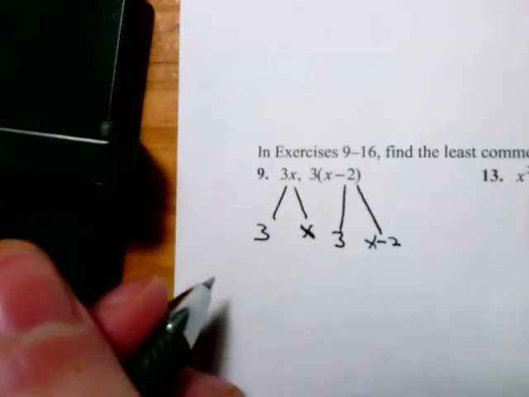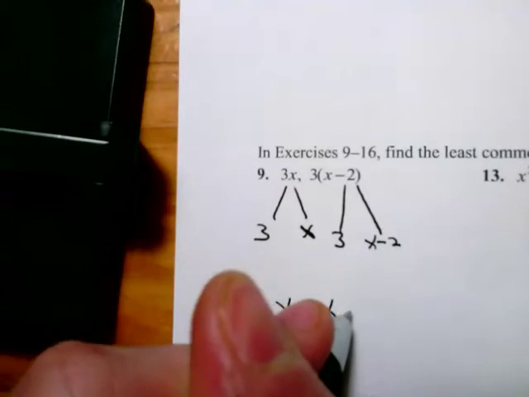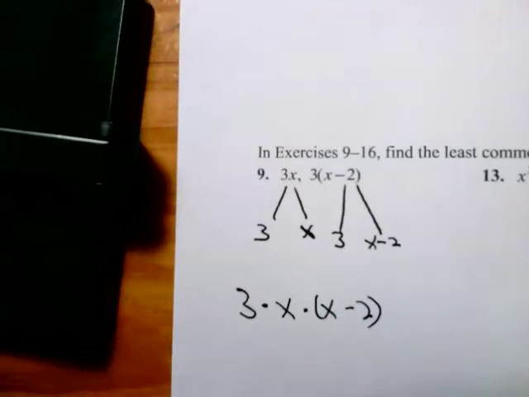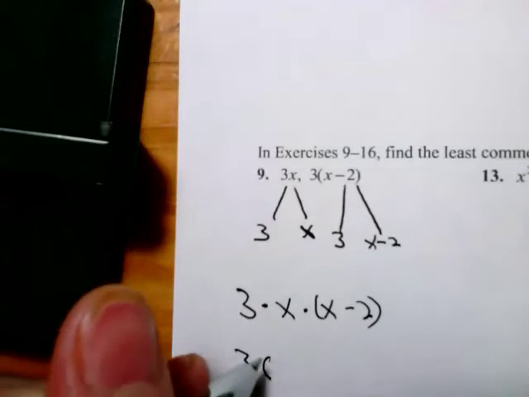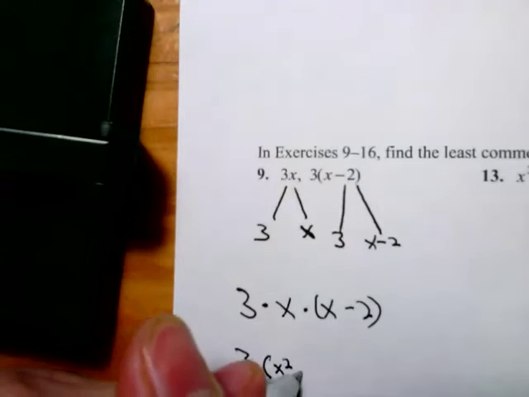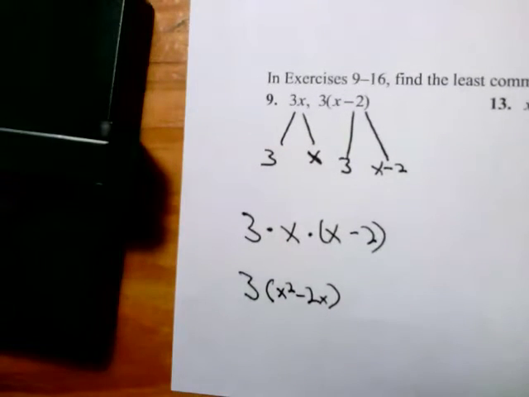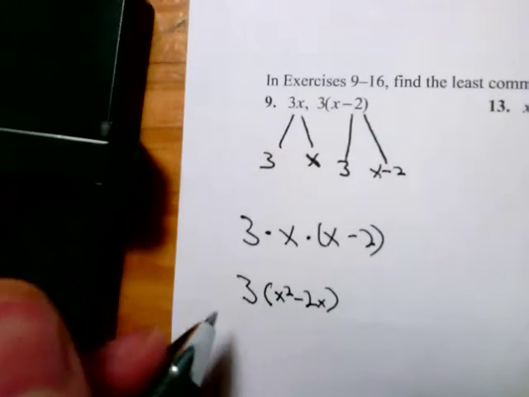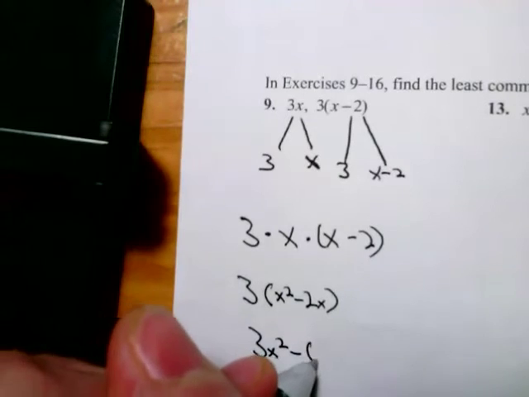So you can turn that into 3 times x times x minus 2. And what that turns into is 3 times x squared minus 2x, and then when you distribute it even further, that is equal to 3x squared minus 6x.